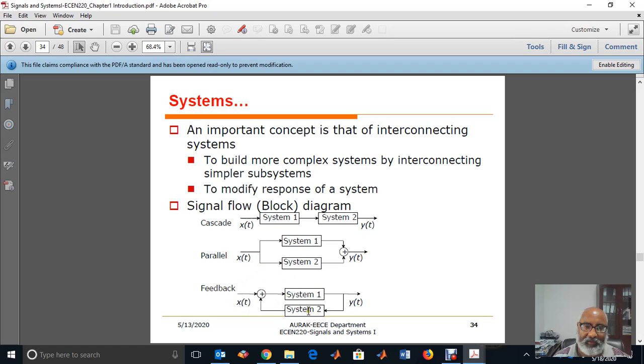This is called a feedback system, and we mostly find it in control theory. For example, if we want to control the speed of a vehicle, the speed of an aircraft, the altitude or flight height of an aircraft, and so on, position controlling, temperature controlling, and speed controlling.